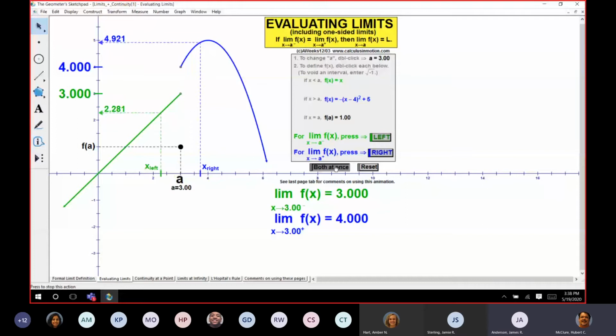So for example, on that graph right there, since 3 is not included, if you were to move a to 2, like a equals 2, then it would have a limit, right? Yes, if you moved a to 2, then the limit would be 2 approaching from left to right.